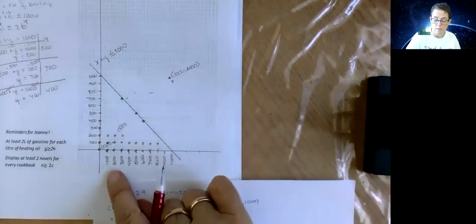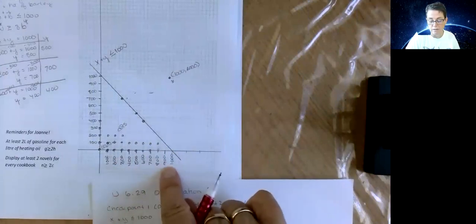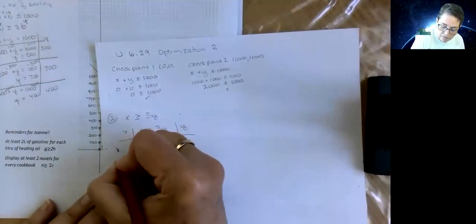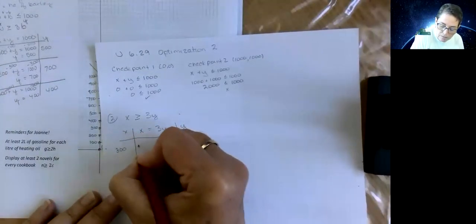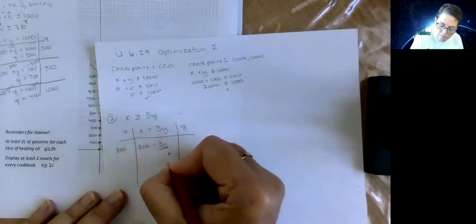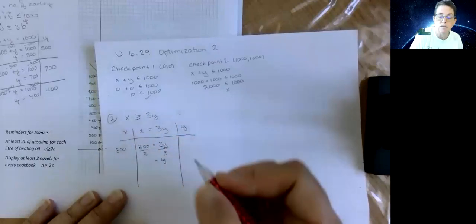I'm going to be putting it on this graph, which starts out 100 and stuff like that. So I think it will make our lives easier if we choose numbers around here because they're already on the axis. So let's say 300. So 300 is equal to 3y. Divide by 3, divide by 3. Y is equal to 100.